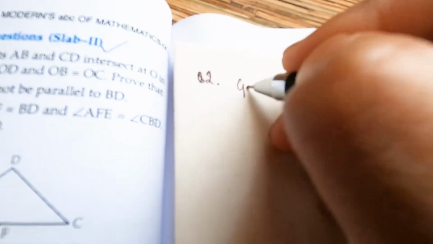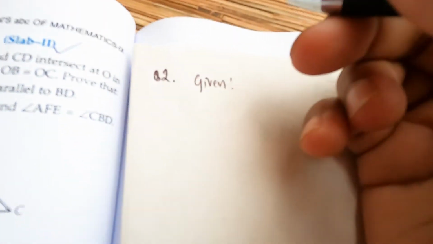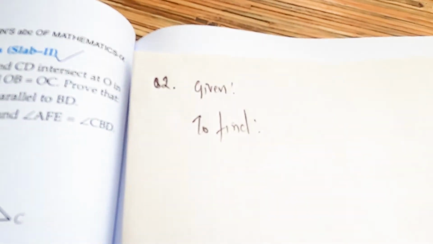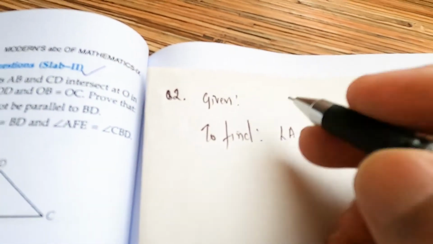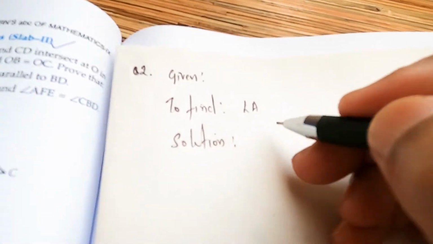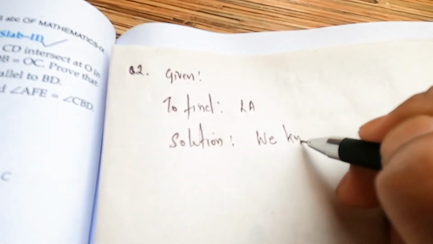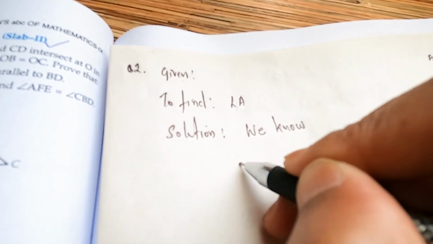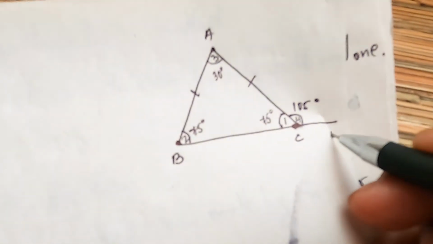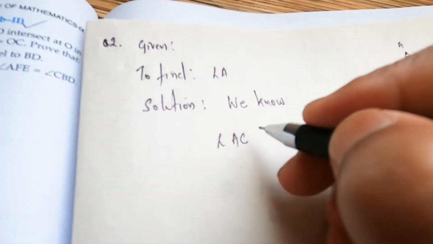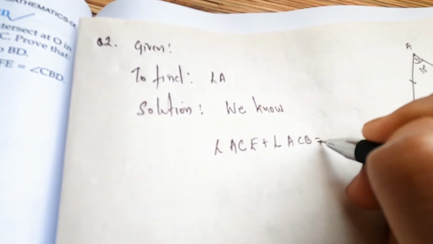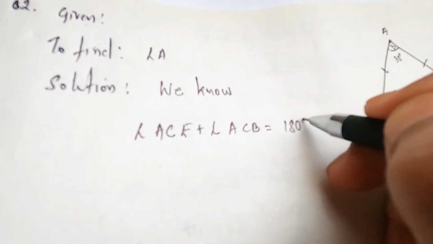So given, you will write it down by yourself. Then to find, what do we have to find in this case? We have to find angle A. Then solution. So you write we know angle AC, let us name this as E. Alright, angle ACE plus angle ACB is equal to 180 degree.